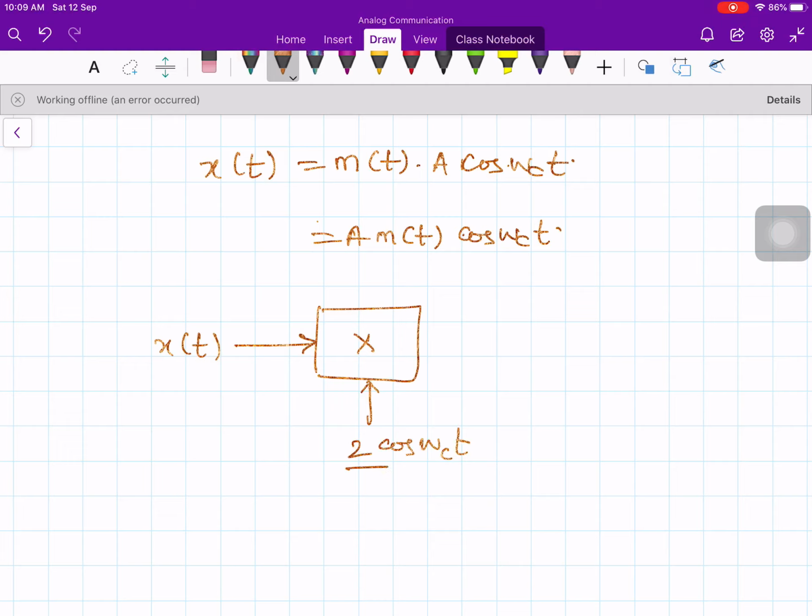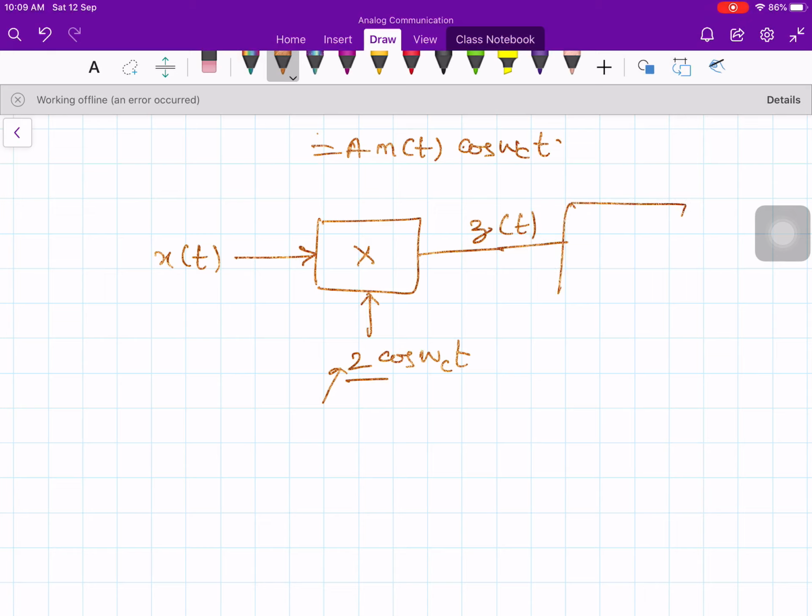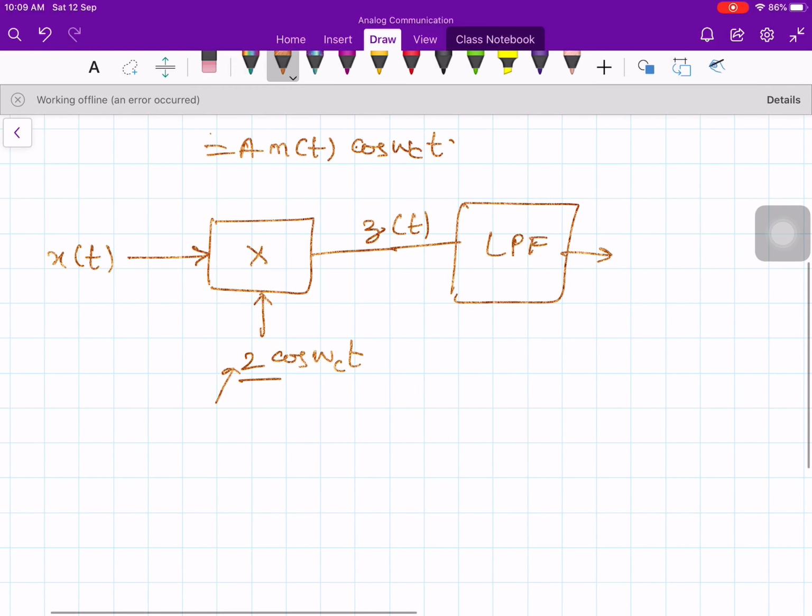I have taken 2 just for the sake of removing some constant. It's not necessary to take 2, you can take anything. Let me call the output of this multiplier z of t, and this is given to a low pass filter, and finally the output is your message signal.